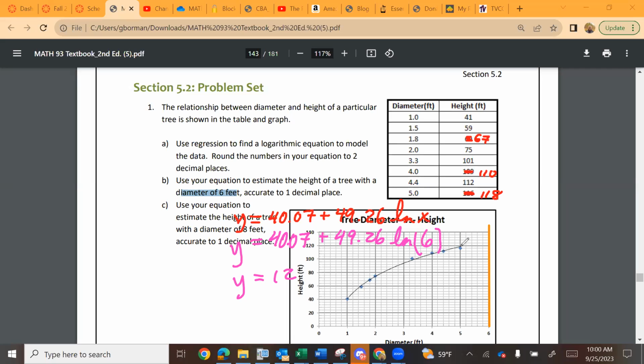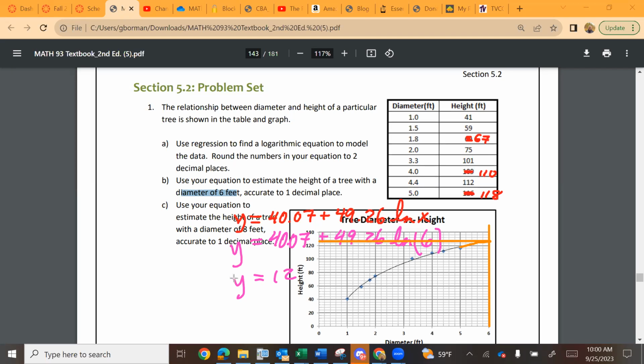If I draw a little further, that's going to hit right about there. It looks like it's hitting just below the 130 mark, which is consistent with our 128.3.